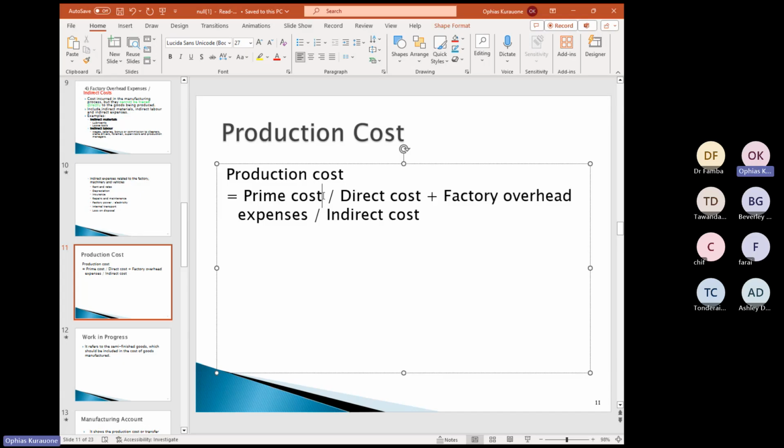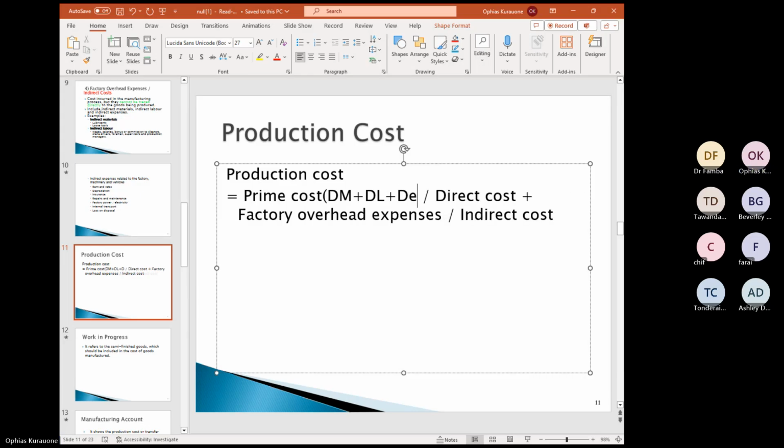We're talking about direct material, DM, again direct labor, and again direct expenses. This makes our prime cost. So this is very critical.